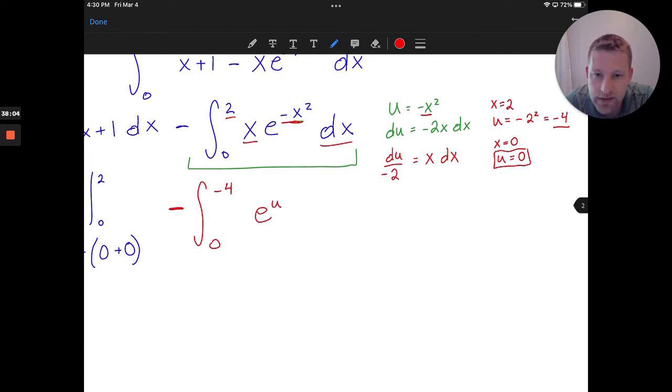And then the x dx portions that are remaining become that du times negative 1/2. So for this, I can bring that negative 1/2 out in front, and then we'll have du written there. And that interchanges my integral of x to an integral of u.